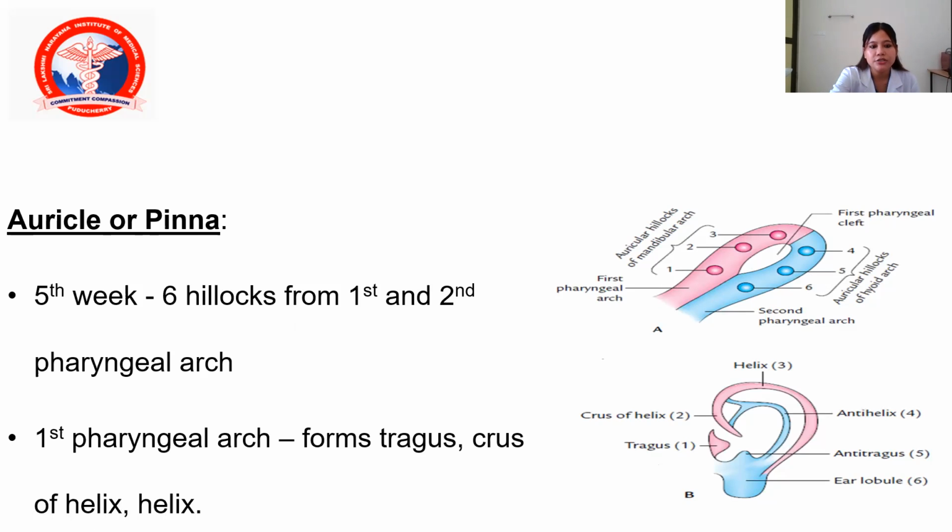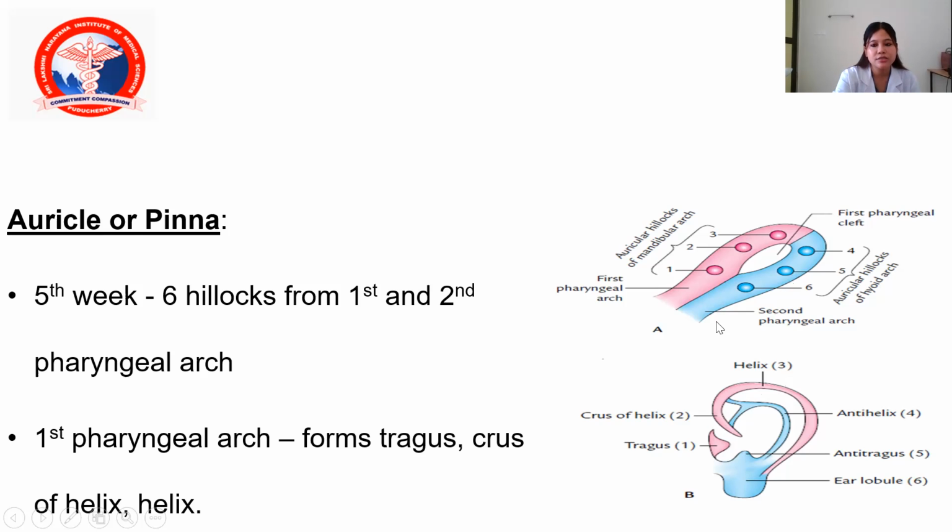The first pharyngeal arch forms the tragus, crus of helix, and the helix. The second pharyngeal arch, that is the 4th, 5th, and 6th hillocks, develop into the antihelix, antitragus, and lobule.